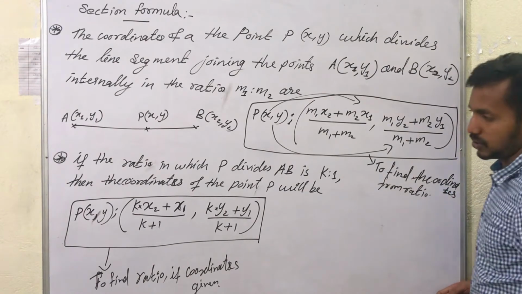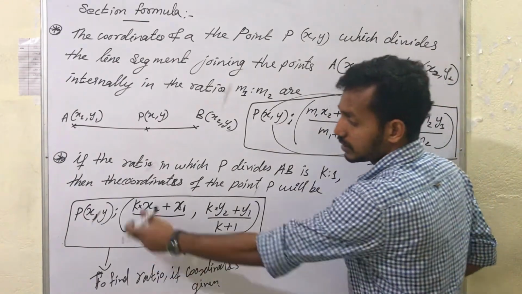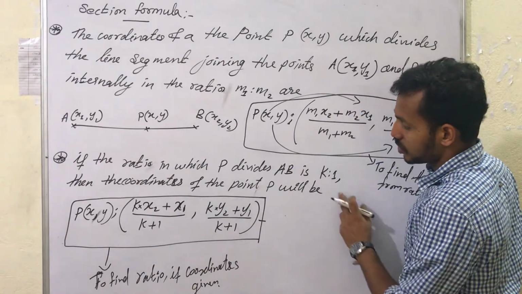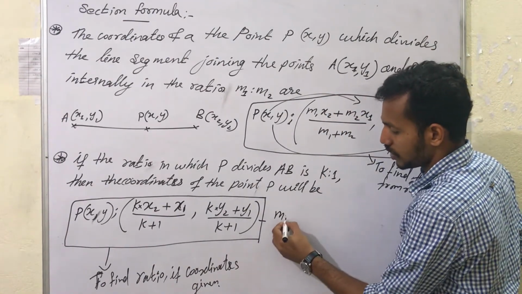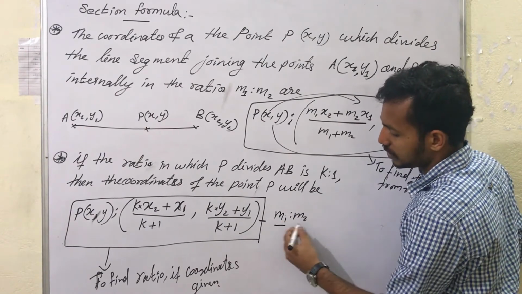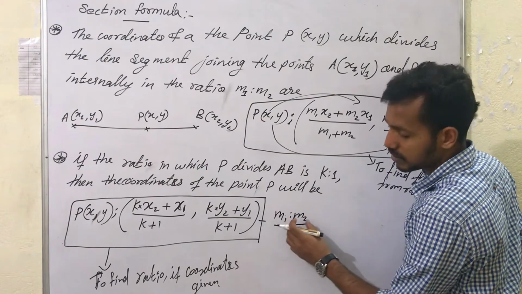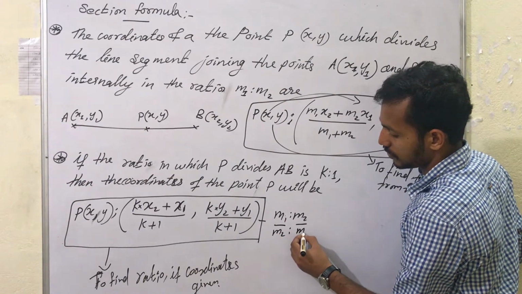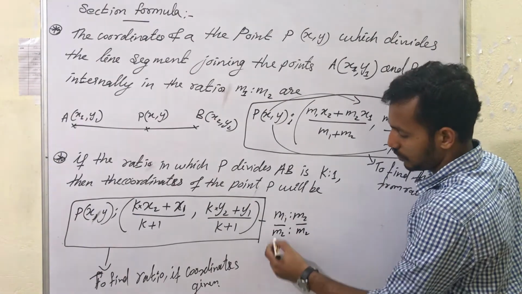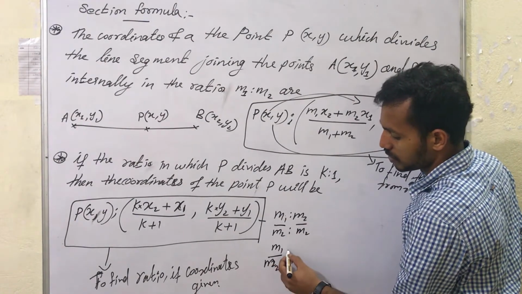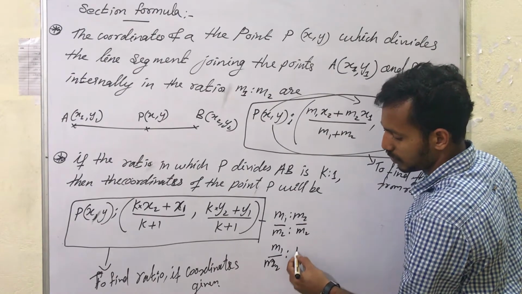From the ratio. Now, how to find the ratio? How we are assigning this is k is to 1. Suppose your ratio is m1 is to m2. Then if you divide both sides of this ratio by m2, what will you get? m1 by m2 is k, and m2 by m2 will be 1.